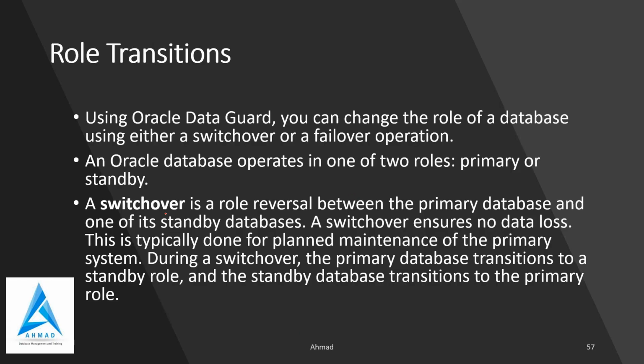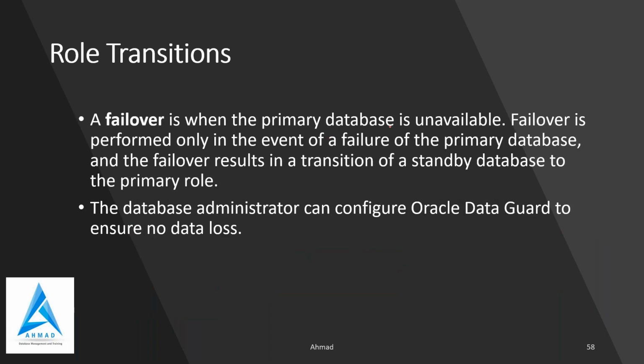Now role transition, as I said, switchover is basically a role reversal between the primary and standby. And switchover ensures no data loss because it is planned maintenance of the primary database. During the switchover, primary database becomes standby and standby becomes primary. Okay. And in failover, the primary database is unavailable.